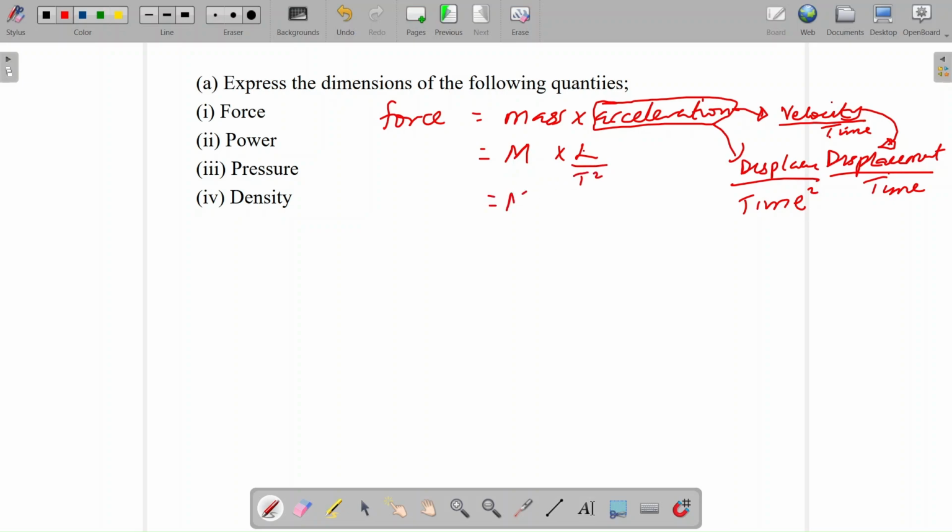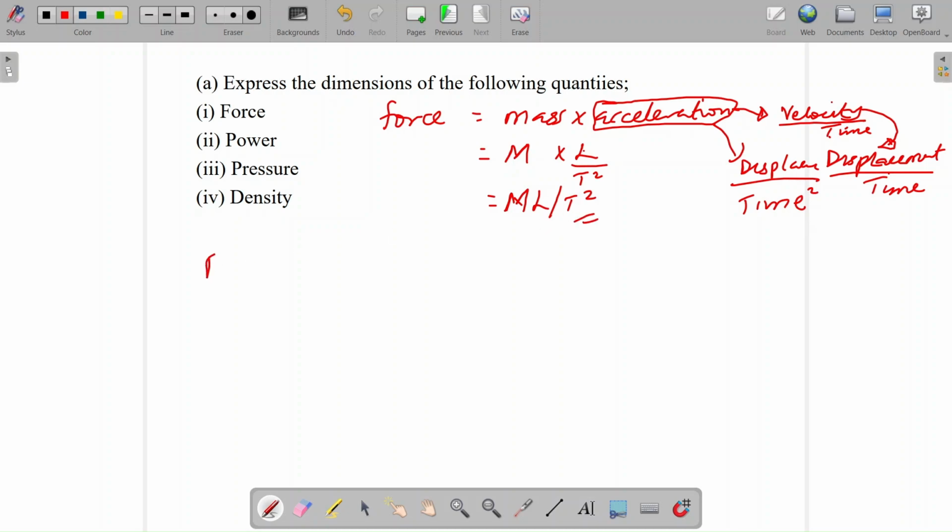So your force is ml per t squared. So this is your unit.